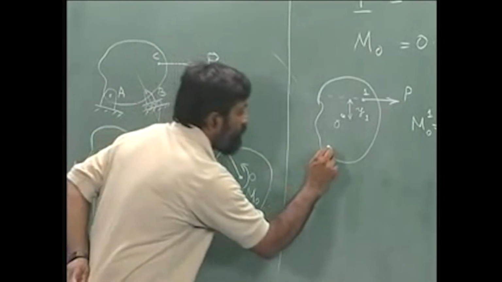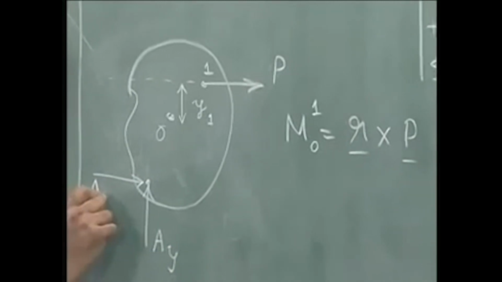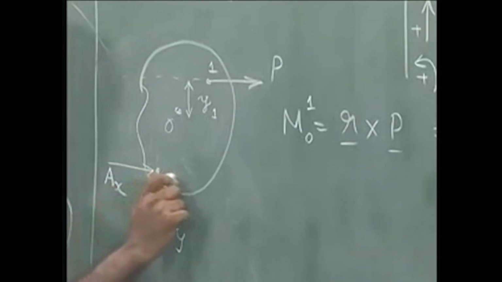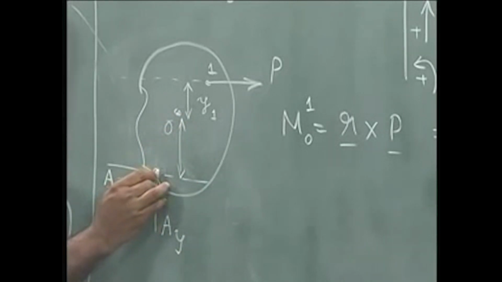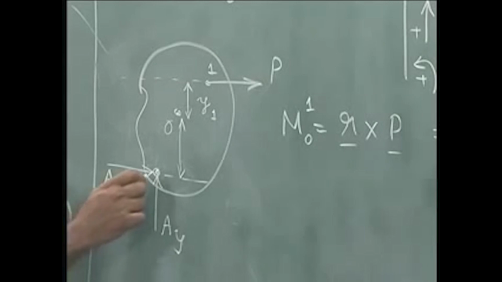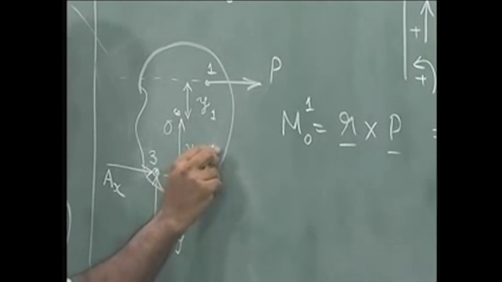Okay. And similarly, if I have split this reaction into Ax and Ay, it becomes easy, because all I need to do is find out the difference between the y coordinates of this point, let me call this 3, between the y coordinate of 3 and y coordinate of O, or in other words this is y3 minus yo.